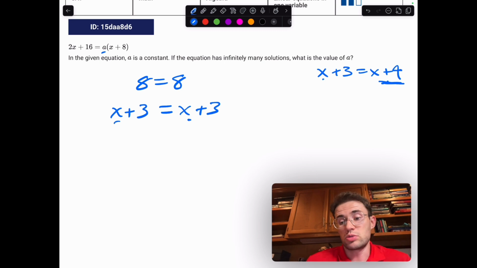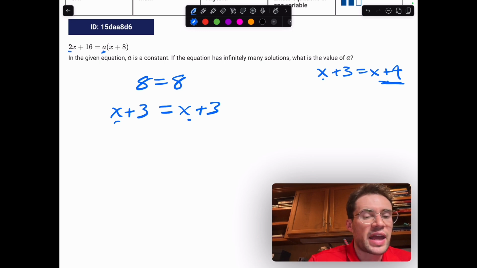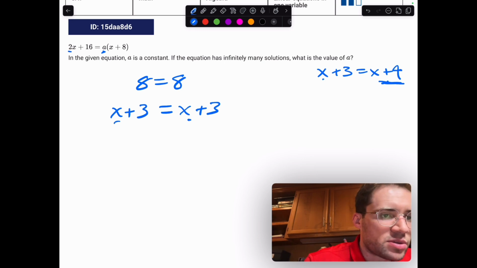Most linear equations, one variable linear equations I should say, would just have one solution. But for this one, we want to find a way that the coefficients on the x will be the same. And if it's going to be infinitely many solutions, then also the constant you're adding should be the same. So in this case, we have 2x over here.